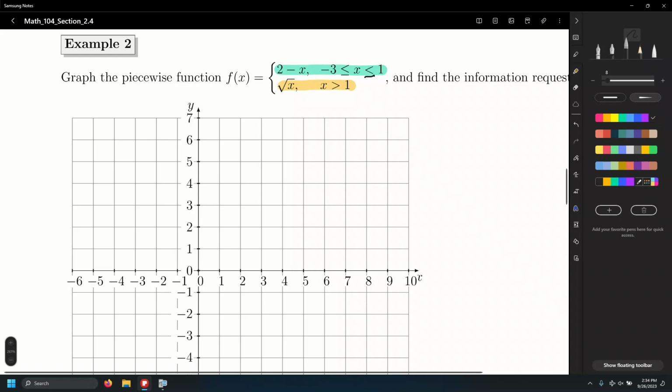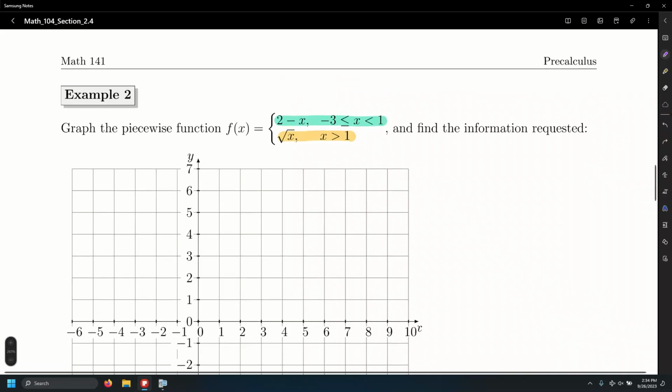Let me write a couple of notes. Including, that is solid. Excluding, that means not solid but actually an open circle or hole, right?